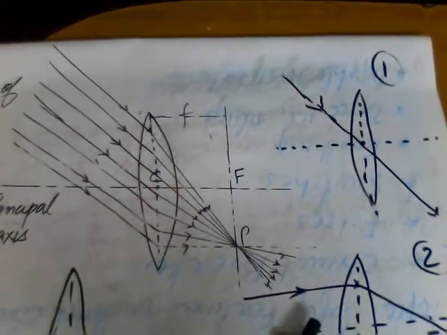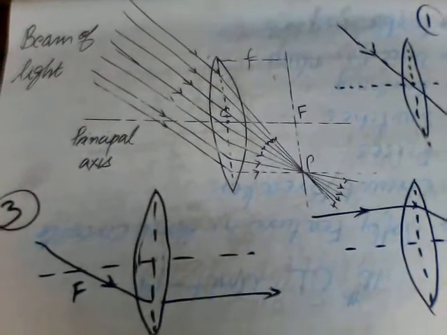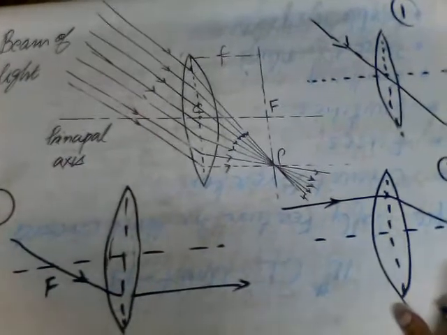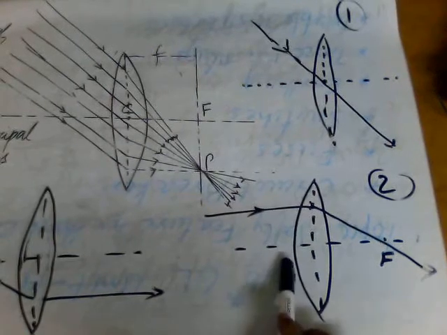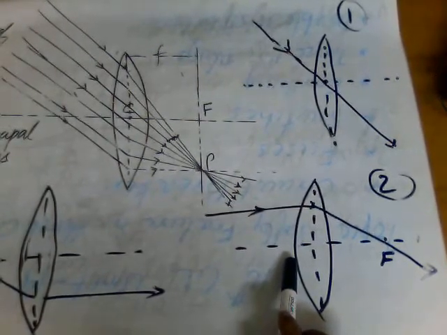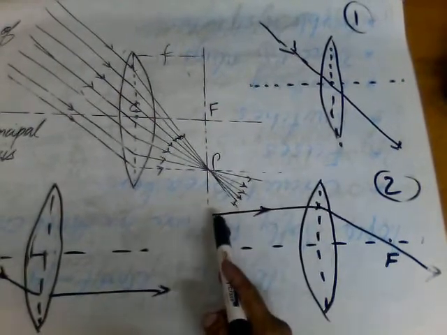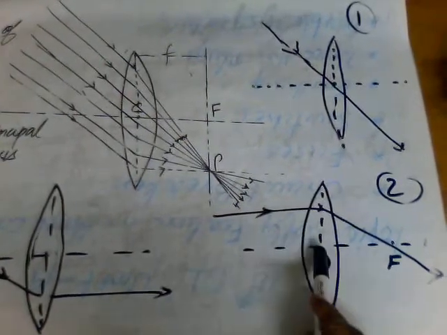In the second case, a light ray comes parallel to the principal axis, as in the first figure, perpendicular to the lens but parallel to the principal axis.